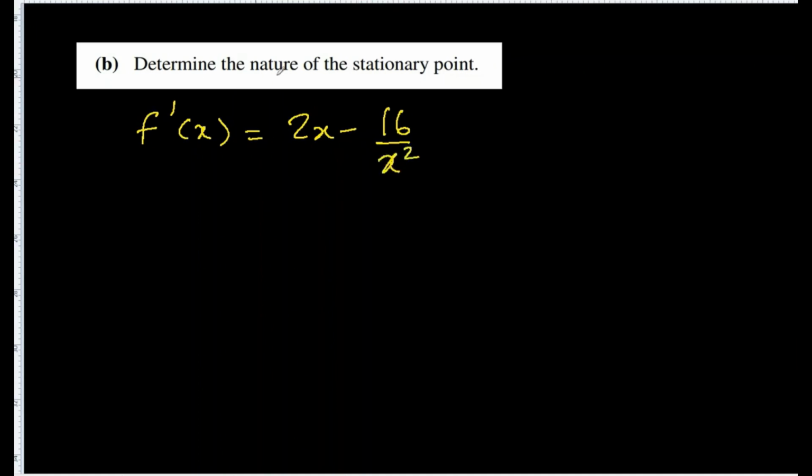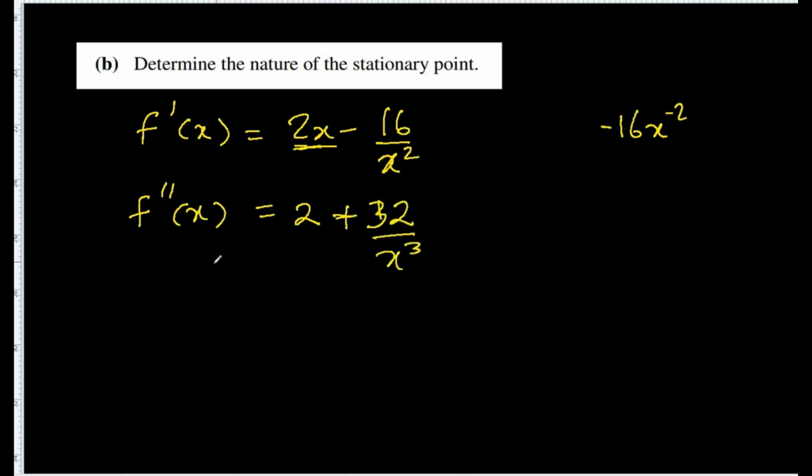Now to find the nature of the stationary point, we will take the second derivative of the same, which is 2. The derivative of 2x will be just 2 minus, by the same concept we can write minus 16x to the power minus 2, and if I differentiate this, I get plus 32 over x cube.